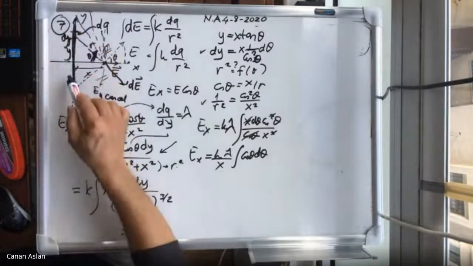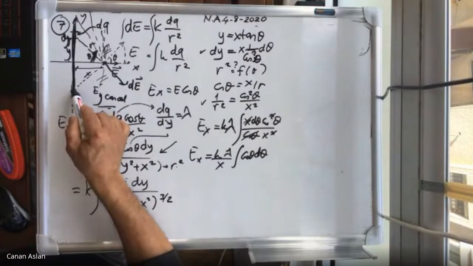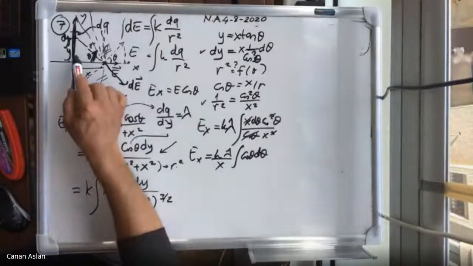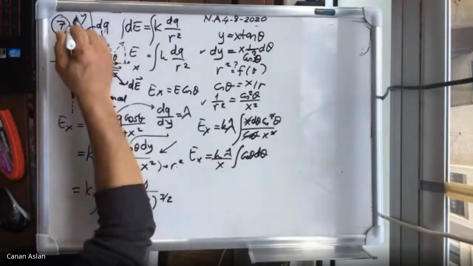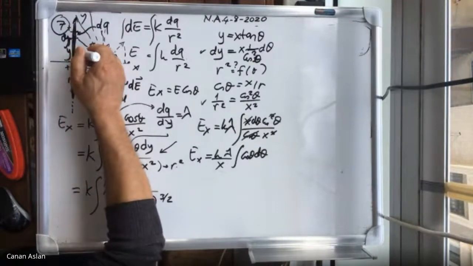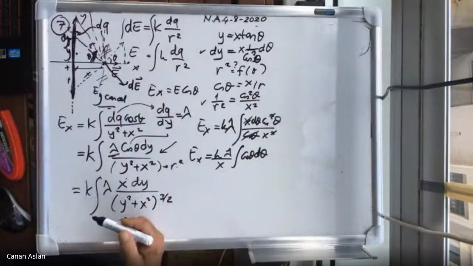Infinitely long wire. But infinitely long doesn't mean that its dimension is really infinitely long. Infinitely long means that if there is a cable and plus charges are distributed there, then when you are very near to the cable, you can think of it as infinitely long. We know this, we had discussed this earlier.